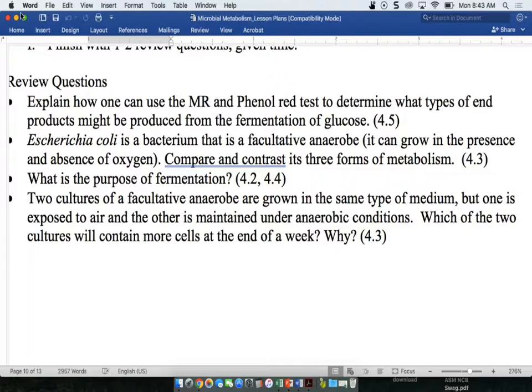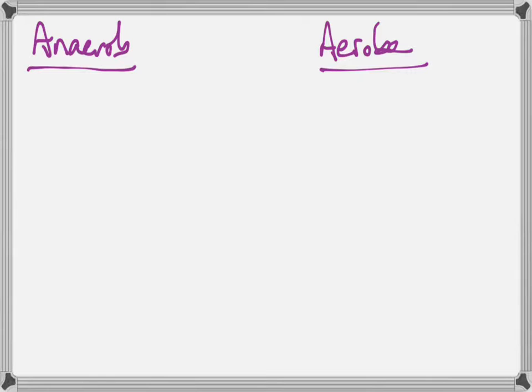Real quick recap on what we talked about from Friday. What are some differences between anaerobic and aerobic respiration? Okay, so the final electron acceptor differs, right? O2 for aerobic, and then we've talked ad nauseam about sulfate, nitrate, carbonate, 3 examples of final electron acceptors in anaerobic respiration.